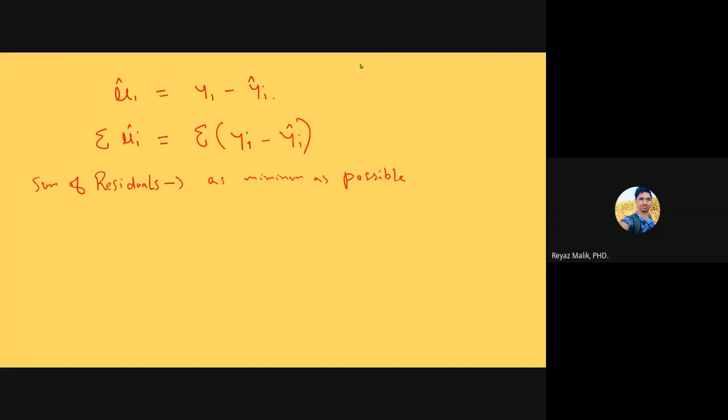Our work is to minimize the error, to make the sum of residuals as minimum as possible, so that the sample regression function will be as close to the population regression function as possible. Right? Because then only the estimations will be best.